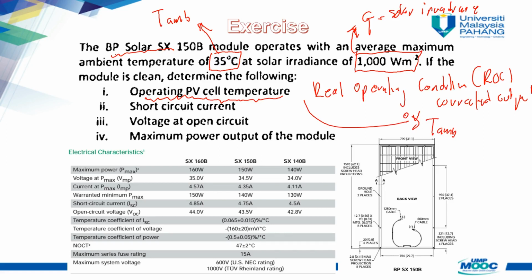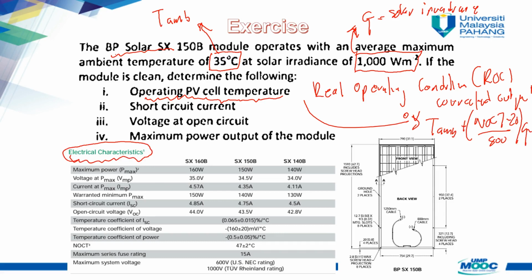T ambient plus NOCT minus 20 over 800 multiplied with G. So, how much is the value for the NOCT from this data sheet? Very clear and simple. What is the value of NOCT that we can extract from this data sheet? Super easy. Even my kids can do this.